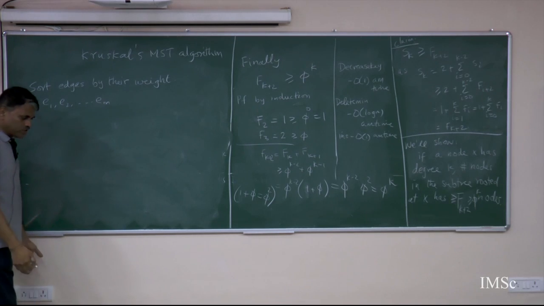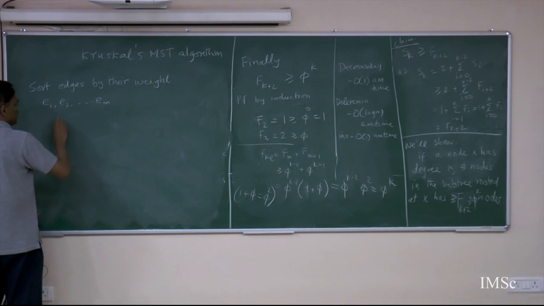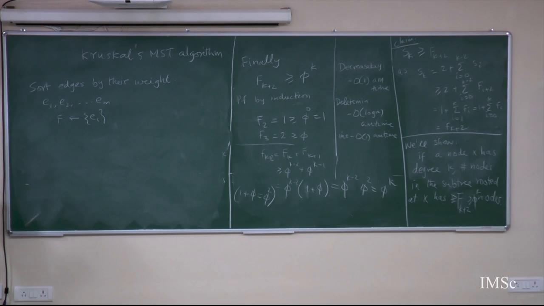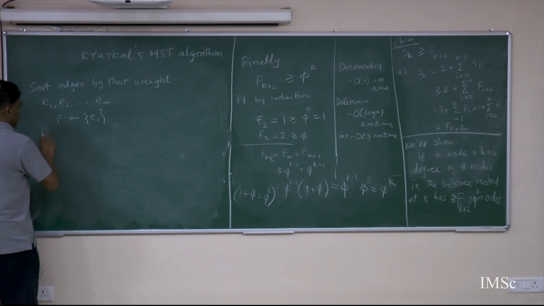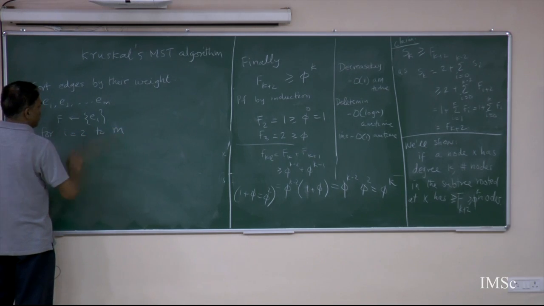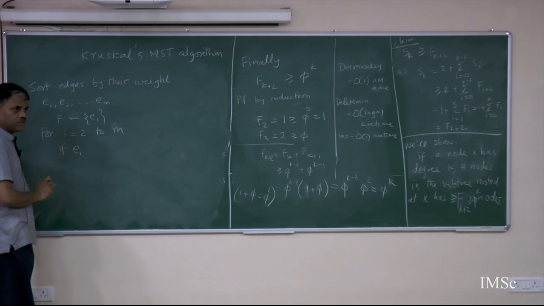My goal is to collect a bunch of edges, the solution I'm going to consider. First I will include E1. E1 is the smallest weight edge, so it's safe to include it in my solution. And then for I going from 2 to M: when do I add EI to my collection F?